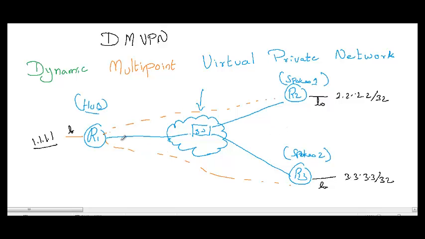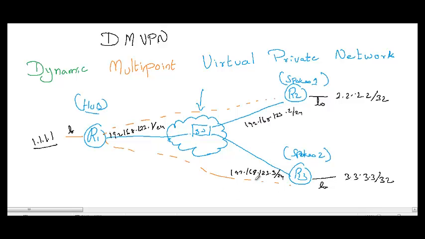Let's say the IP address on R1 is 192.168.123.1, on router 2 it is 192.168.123.2/24, here also /24, and on router 3 it is 192.168.123.3/24. So we got this network.